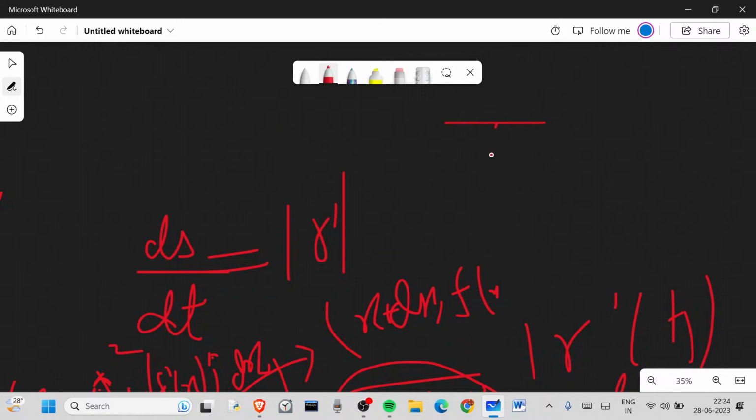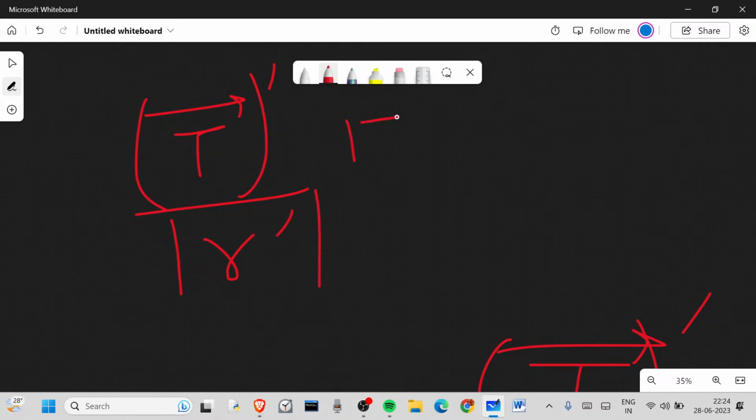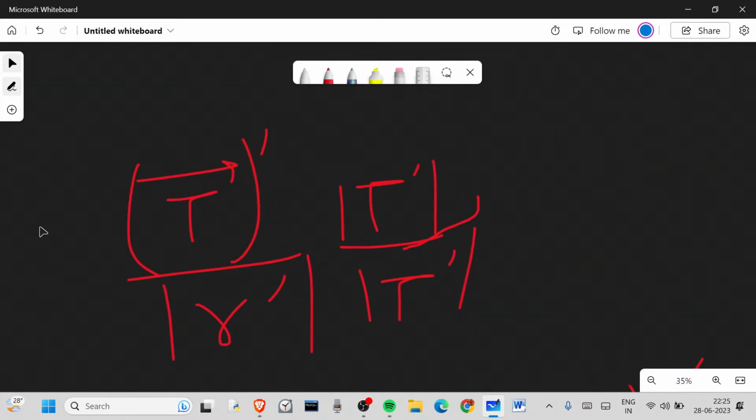So what we have now is T vector dash, the derivative of the tangent vector, by mod r dash. Now I'm multiplying and dividing by mod T dash vector up and down. The motivation is to get a feel of our normal vector.